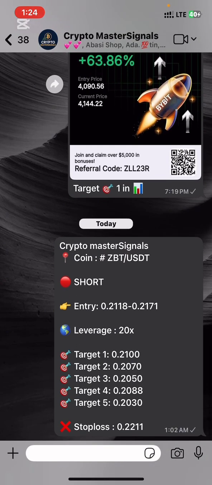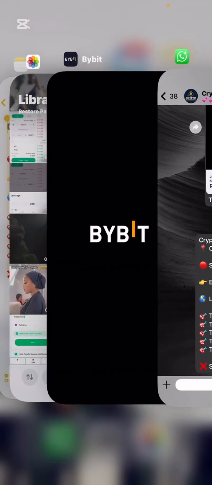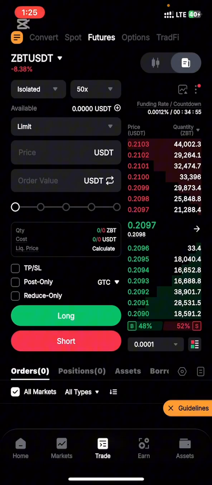Now, this trade, we are setting it on short. After analyzing the market, I find that the market will still drop more and more. So we are setting it on short. Now, entering price, you have to enter the market right now at 0.2118. You have to enter the market at that price.